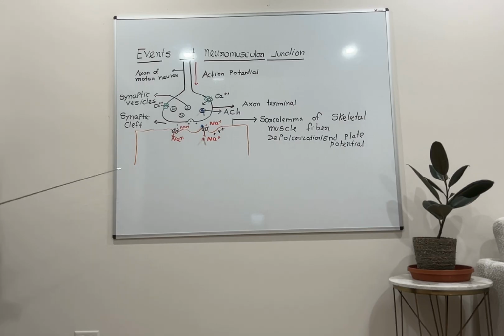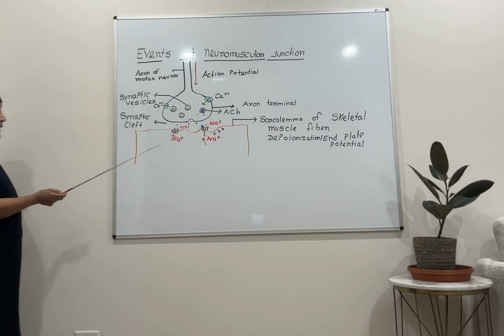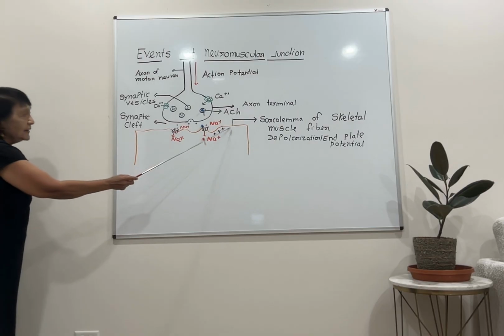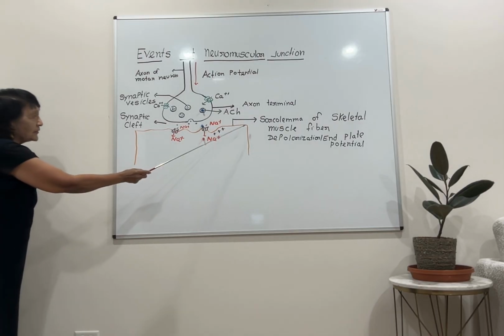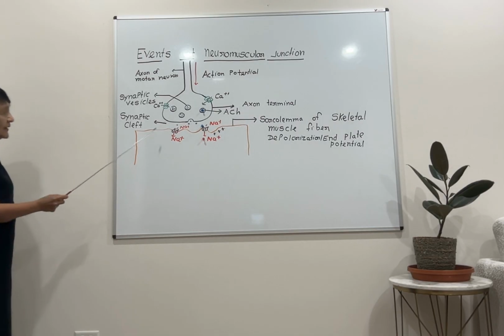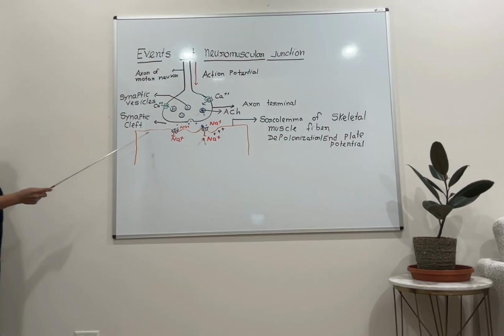So this local depolarization or end plate potential generates an action potential in the sarcolemma, and that action potential will travel through the transverse tubule into the muscle fiber and will cause muscle contraction. So these were the events at neuromuscular junction.